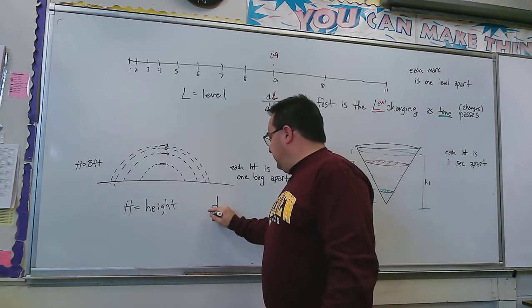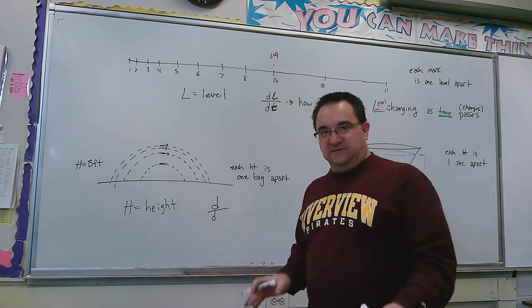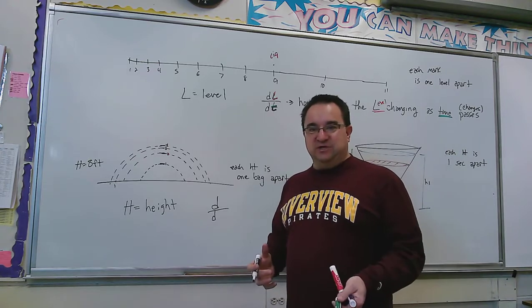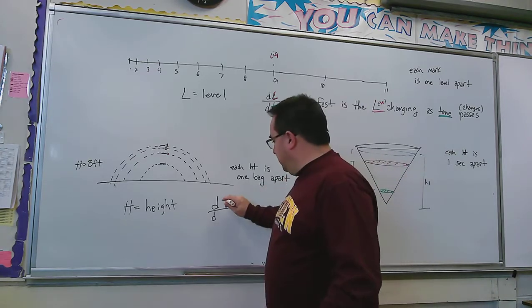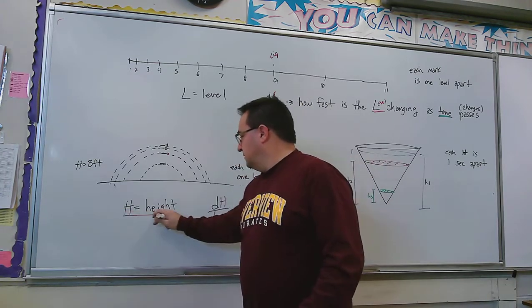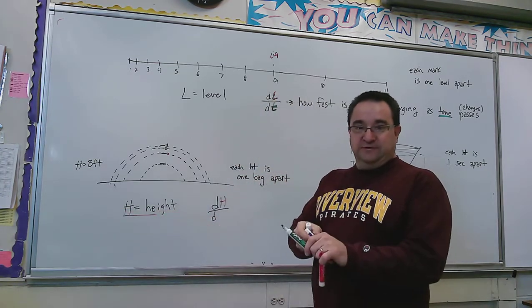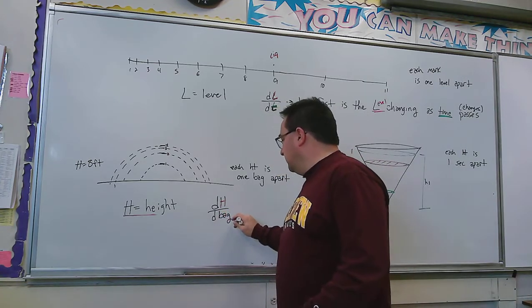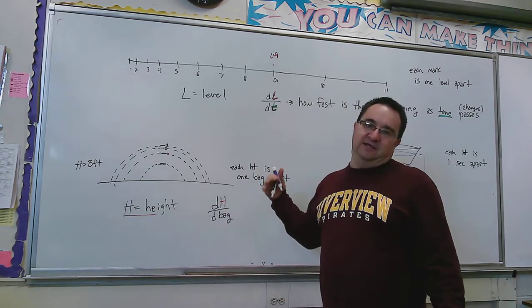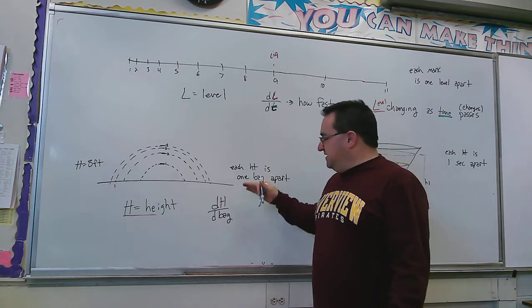Well, d something means change in. How fast is it changing? And I want to know how fast is the height changing per, now this is a weird one, per bag. What is d height, d bag?